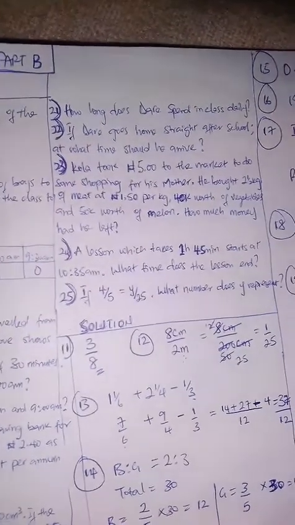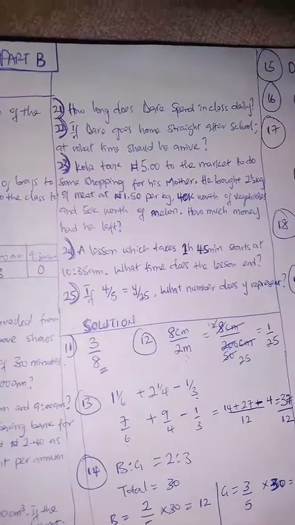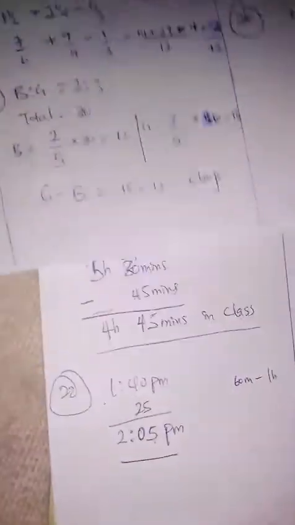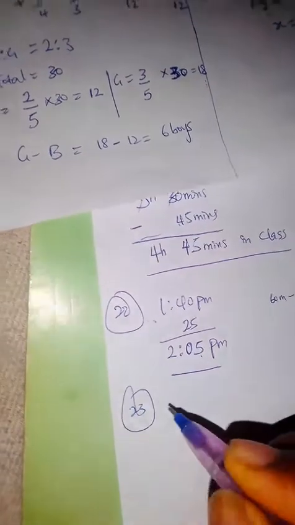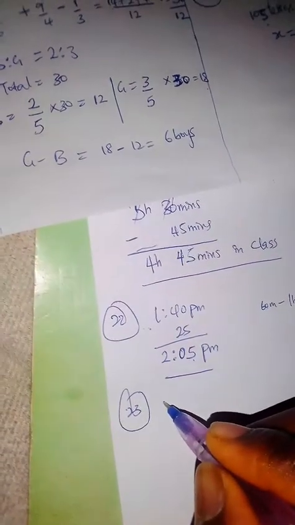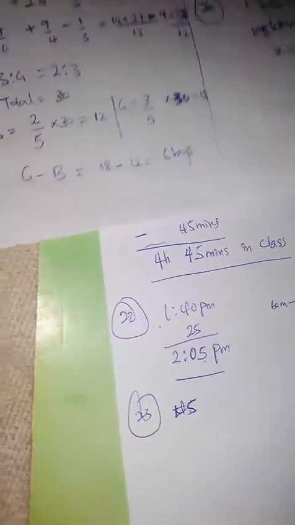Number 23 question. What does 23 question say? Let's see. Kola took 5 naira to the market to do some shopping for his mother. He took 5 naira.